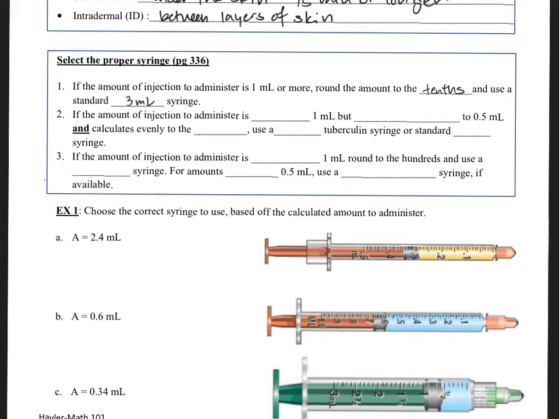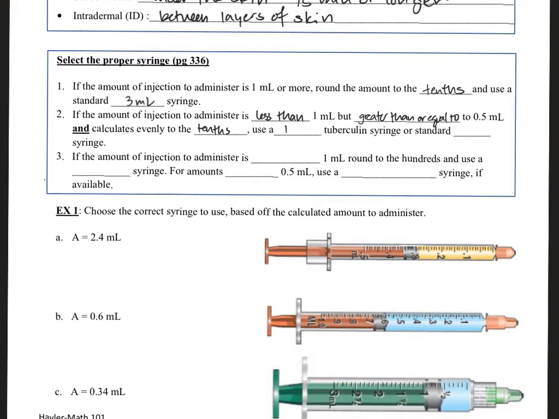If the amount of the injection to administer is less than 1 milliliter, but it's greater than or equal to 0.5 milliliters and calculates evenly to the tenths place, okay?